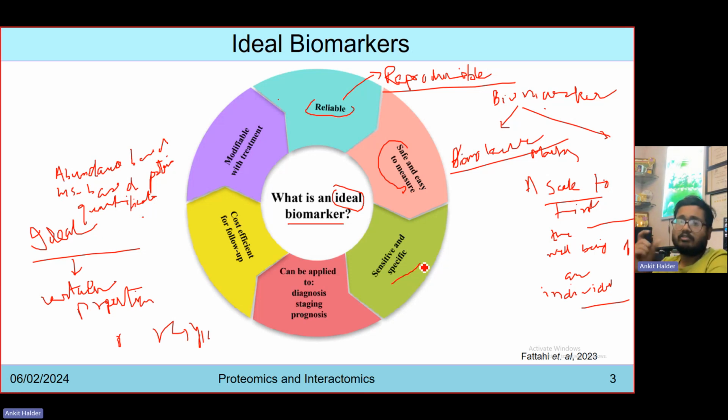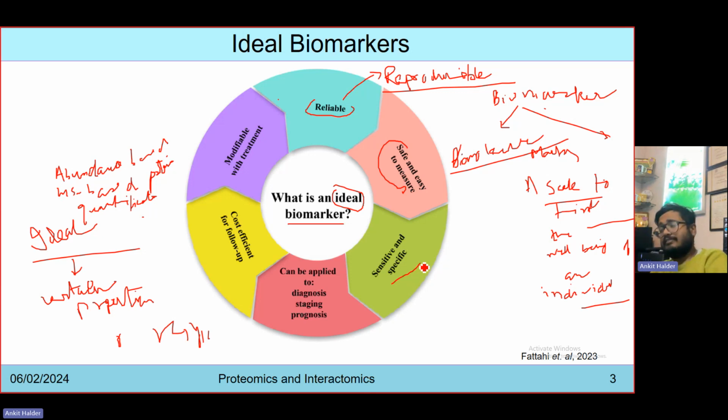For example, PSA, prostate specific antigen, is an example of an approved biomarker used for the diagnosis and understanding of prostate cancer. Sensitive means that as many of the patients having prostate cancer as possible should be reflected by monitoring the expression of prostate specific antigen. And specificity means that those who do not have prostate cancer should not be detected as having prostate cancer by monitoring prostate specific antigen.